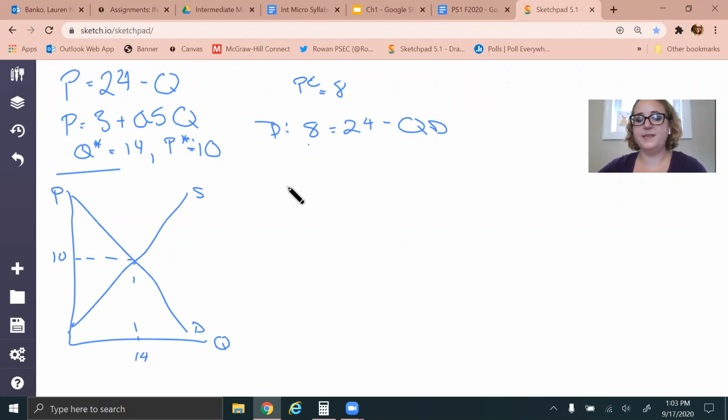Algebra, we're going to add both sides and subtract the 8 here. Quantity demanded, I'm going to put a C here just to represent the price ceiling, is 16. And do the same thing for supply.